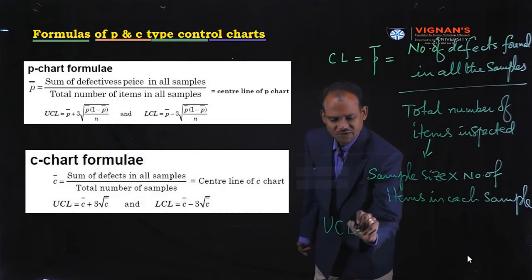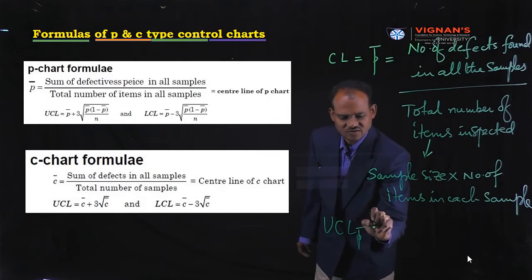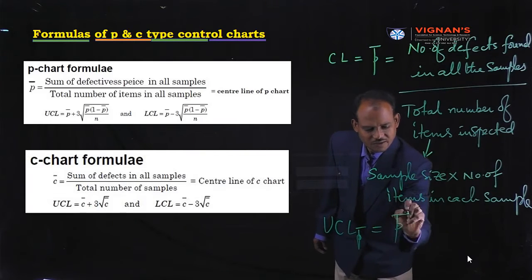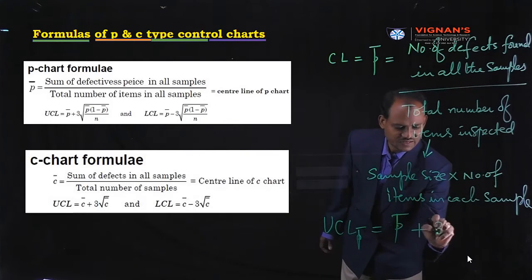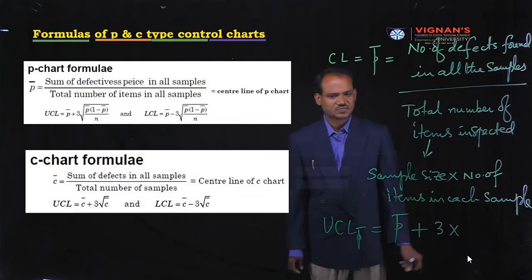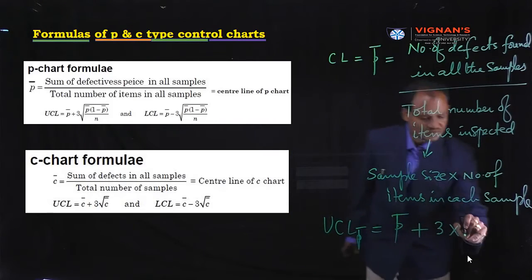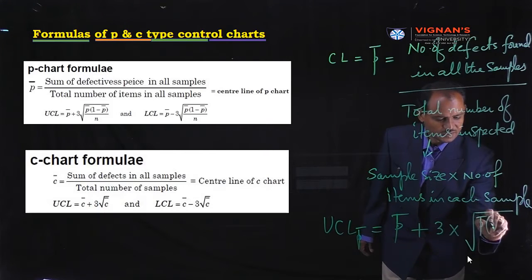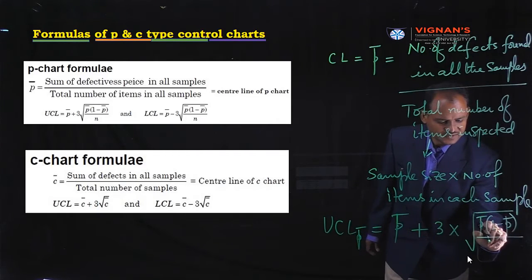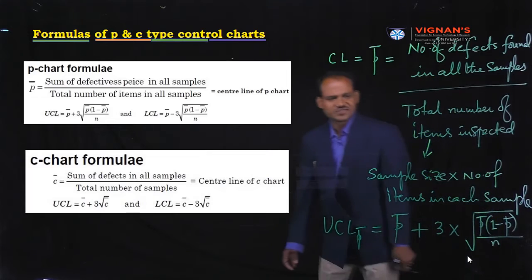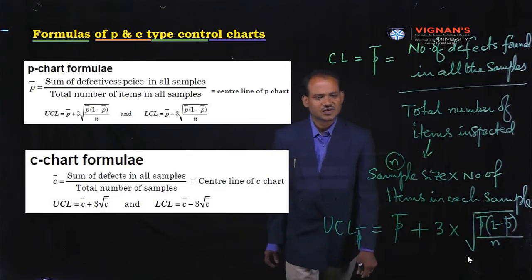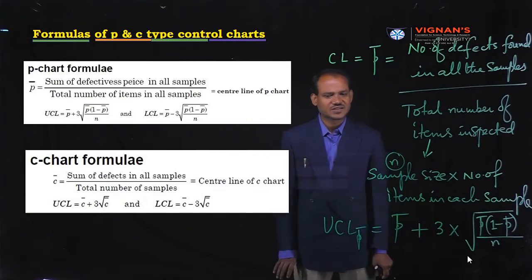UCL, the upper control limit in the case of a P chart, is equal to P bar plus 3 into, not cube root, 3 into the square root of P bar into 1 minus P bar divided by small n. Small n means sample size. Capital N means number of samples.